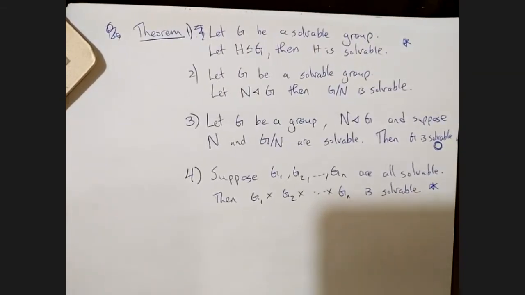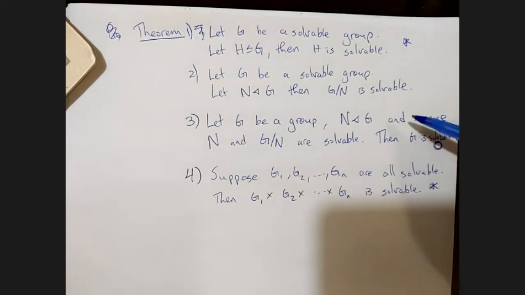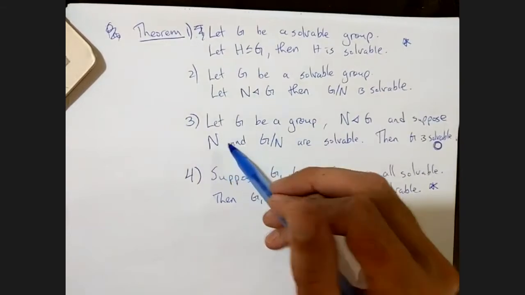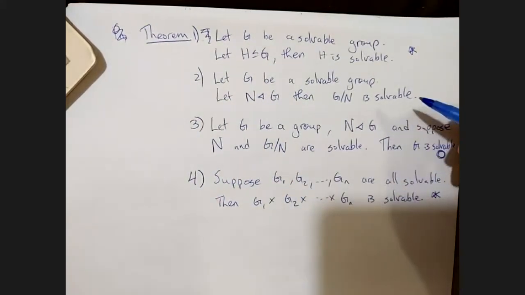And you can see this gives you a lot of ways now to build solvable groups or to find out if a group is solvable. Basically you start with some big group and you try to find a normal subgroup. Now you can determine if G is solvable by proving that the normal subgroup N is solvable and the quotient G mod N is also solvable. That tells you whether G is solvable or not.